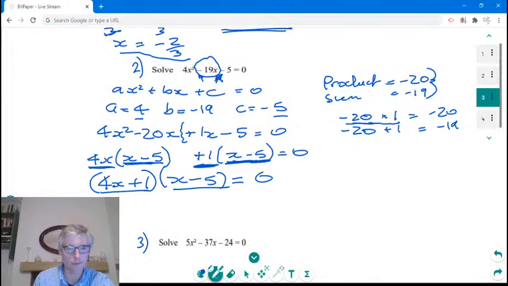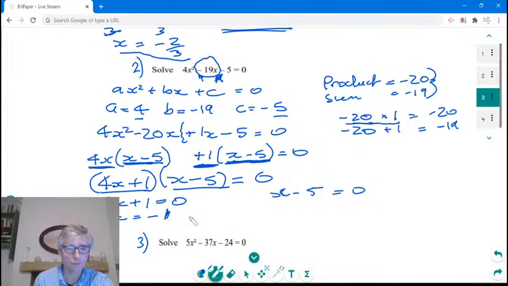then get two little mini equations. So we can say 4x plus 1 equals 0. And from the other bracket, we've got x minus 5 equals 0. If we try and solve this one, we get 4x equals minus 1, just taking away the 1 from both sides.